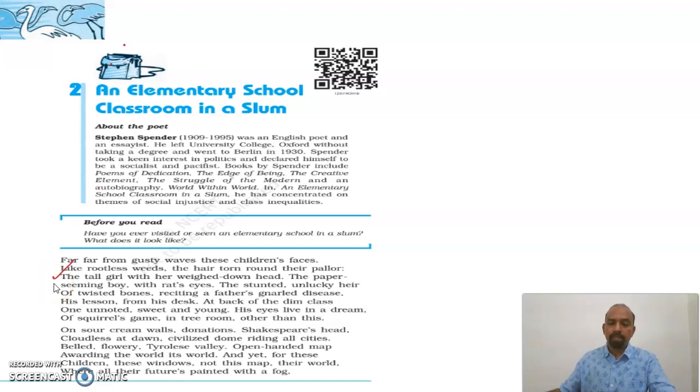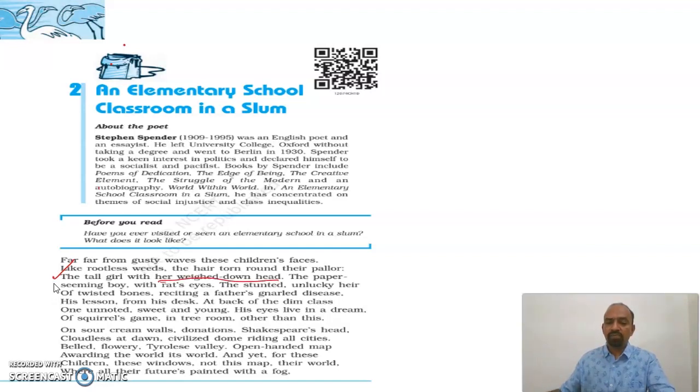Next line. The tall girl with her weighed down head. So from here, the poet moves on to describe individual children in the classroom. First he takes a tall girl with her weighed down head.